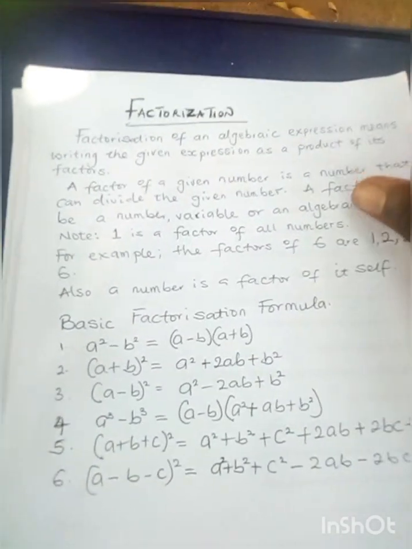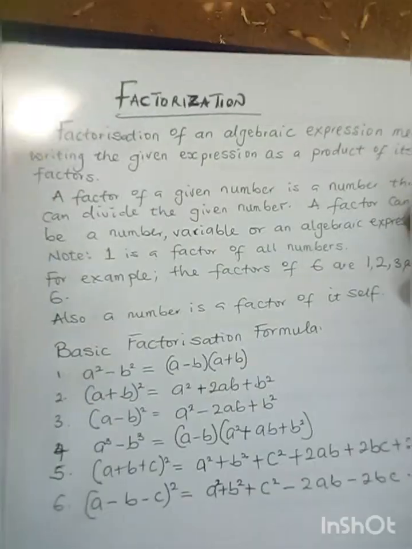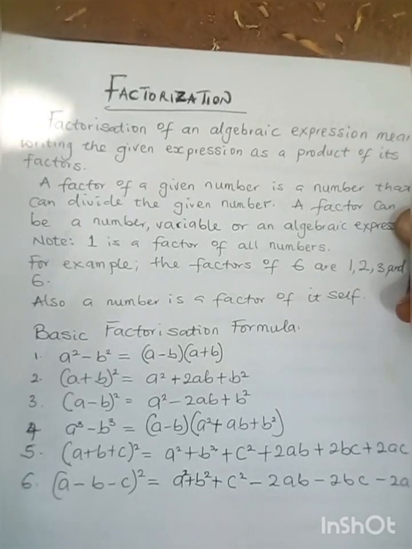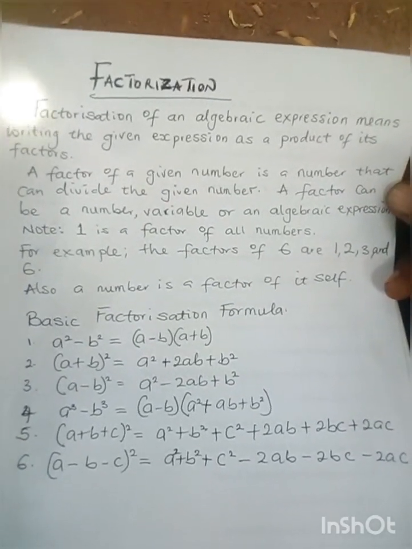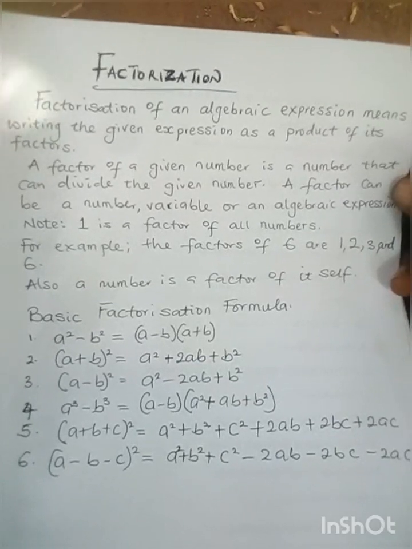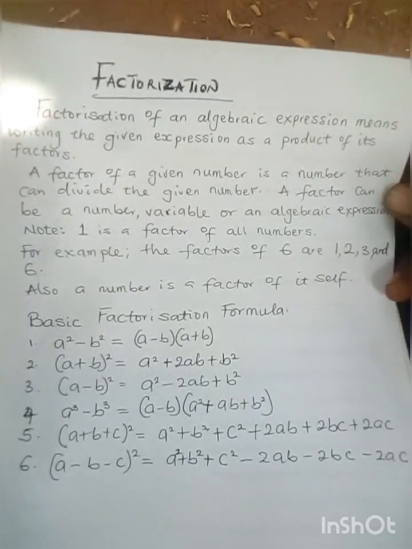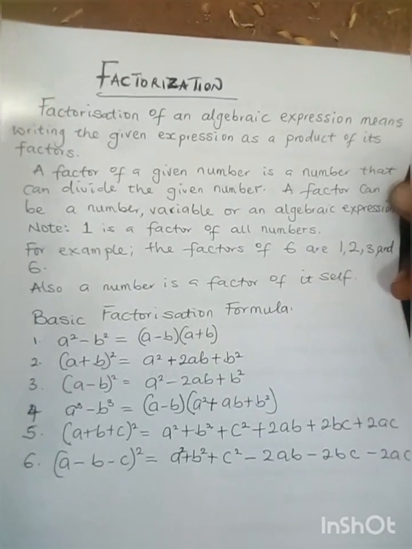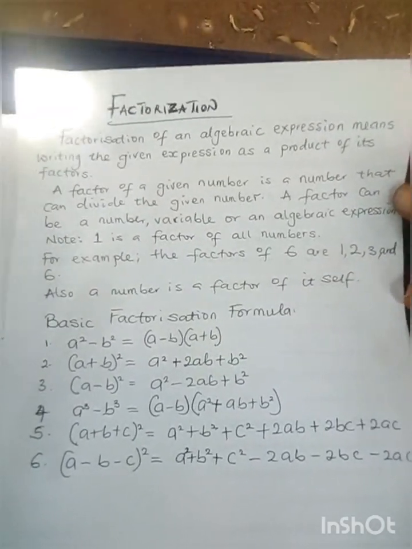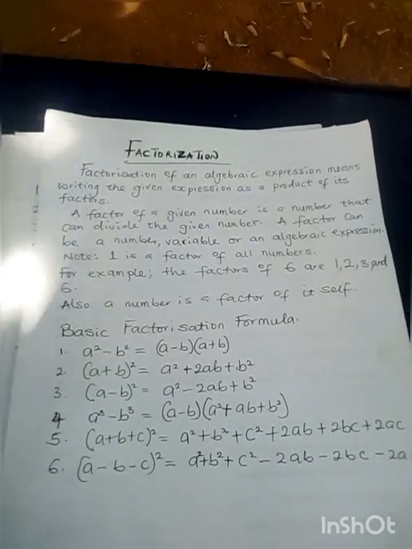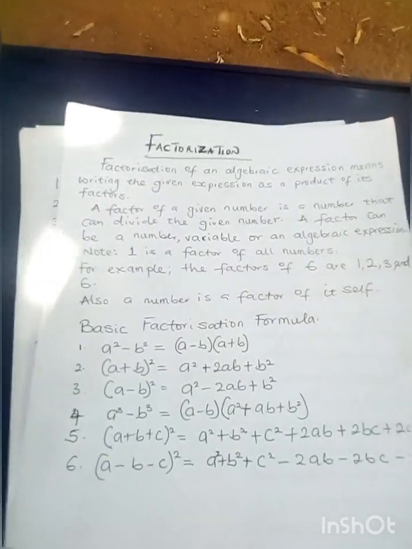First, what is factorization? Factorization of an algebraic expression means writing the given expression as a product of its factors. Now, what is a factor? A factor of a given number is a number that can divide the given number. That means a number that can go into the given number.